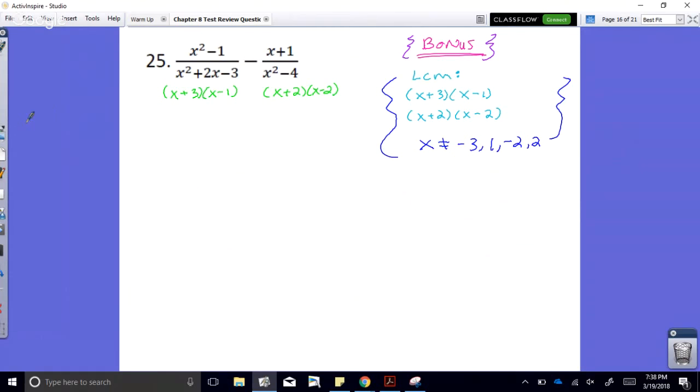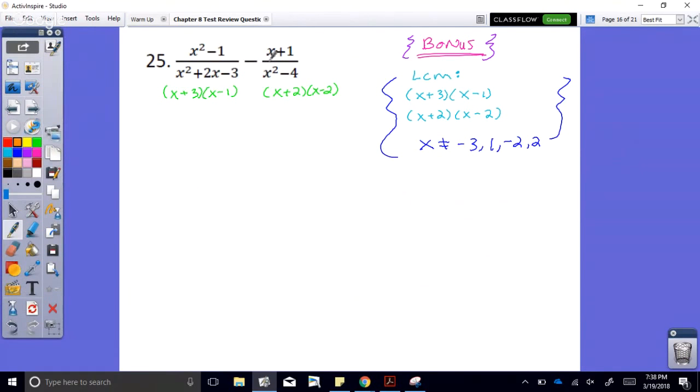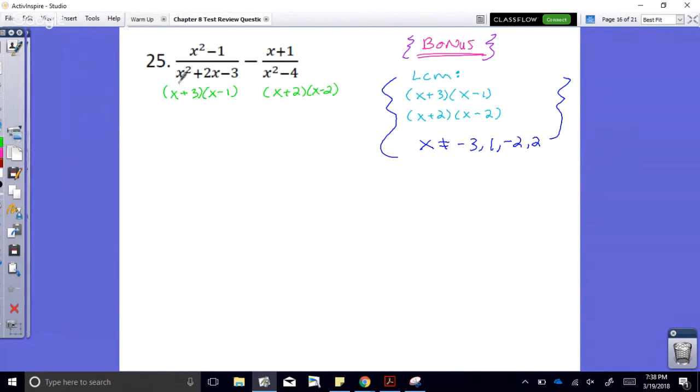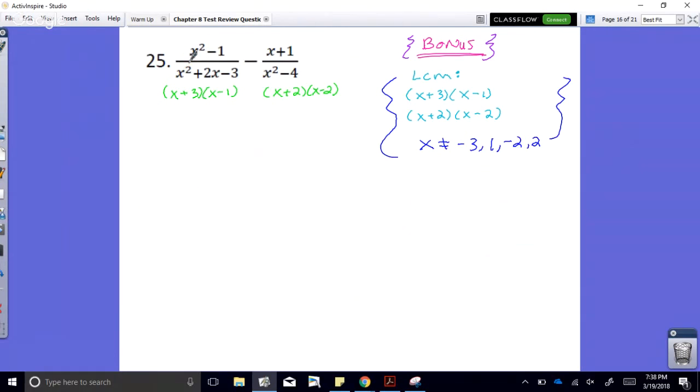Okay, so when we look, we want to get a common denominator. Now, again, because it's a bonus question, I'm going to just say this. This piece needs that.